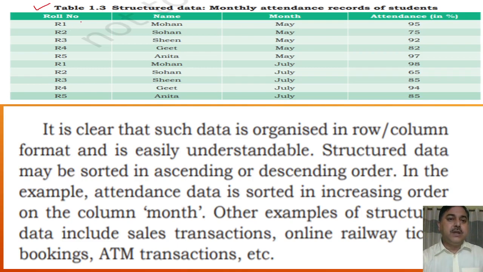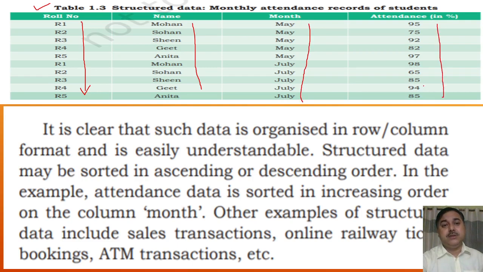There I have given roll numbers R1, R2, R3, R4, R5, then again R1, R2, R3, R4. I have given the names: Mohan, Shohan, Sheena, Geet. And the months May, June, July, and their attendance in the different months.